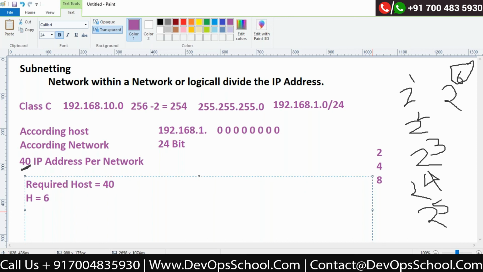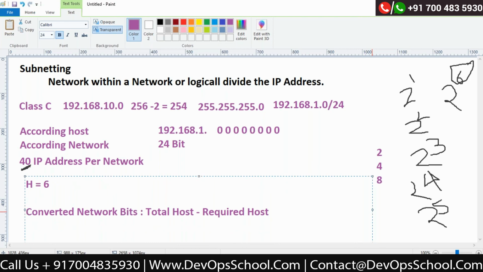Now I would like to find out the converted network bits. Now there is a formula for converted network bits. Correct. Now converted network bits means your total host bits minus required host bits. Okay.